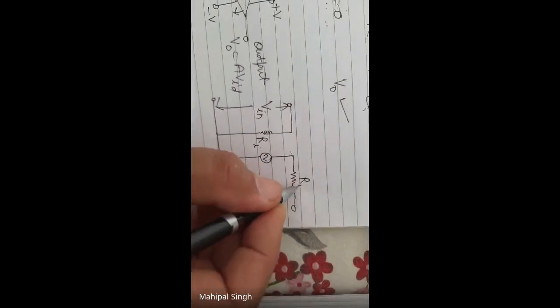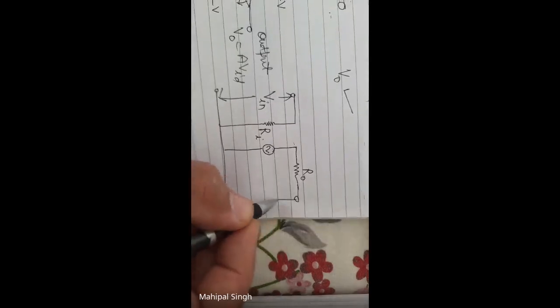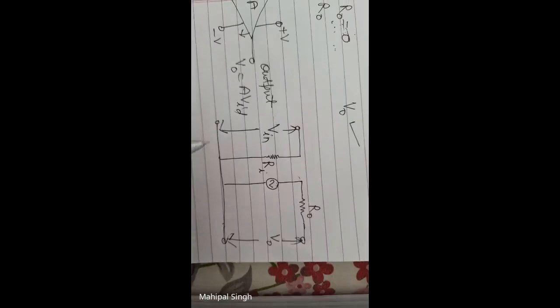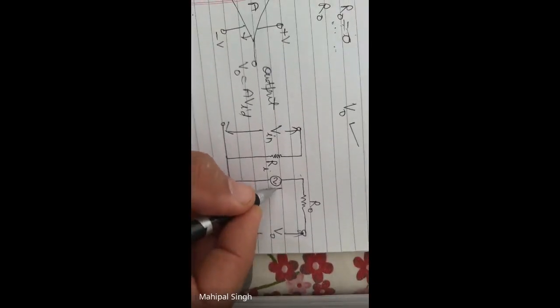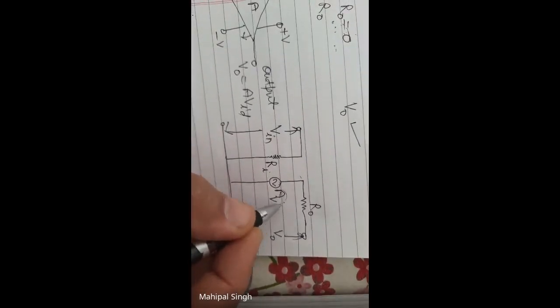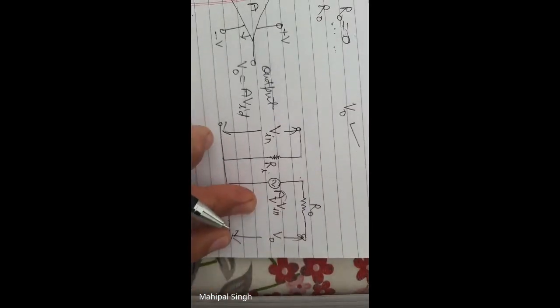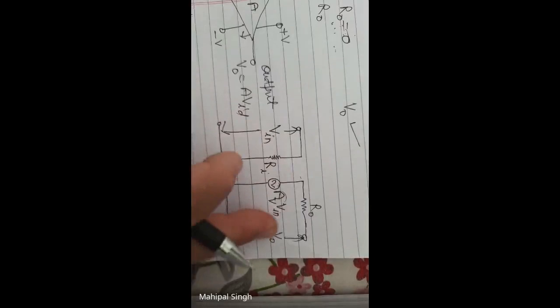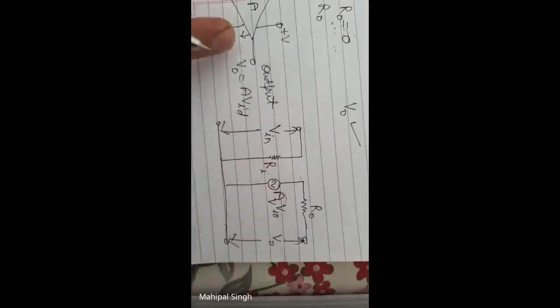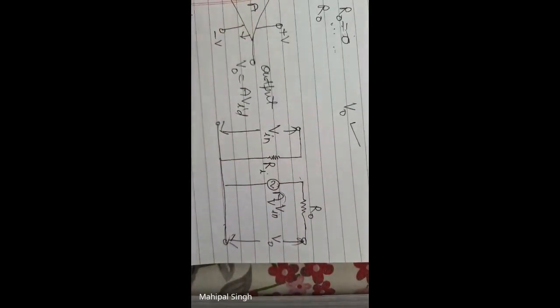This is output resistance RO, here will be the output voltage, and this is AV, the gain, multiplied by VIN, which is the output voltage. This is the equivalent circuit of the ideal operational amplifier.